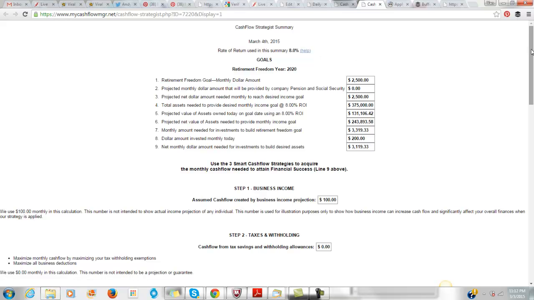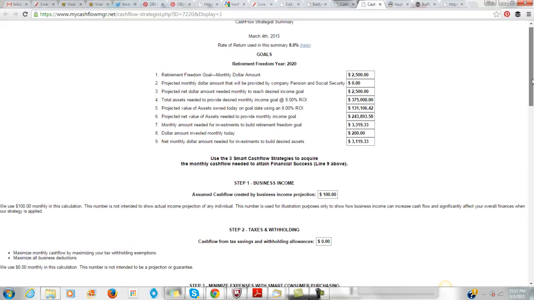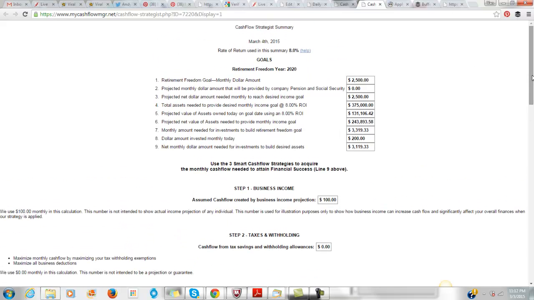The reason why I'm showing you this is because a lot of times people don't know what they need to retire on. They just kind of shoot around in the dark, and they don't have a goal in place, and they don't have an action plan in place on how to achieve their financial freedom goal.